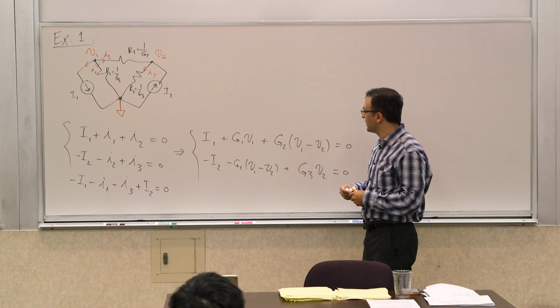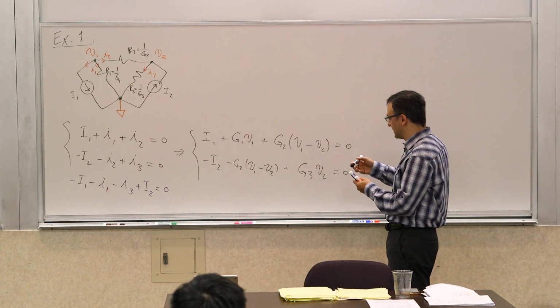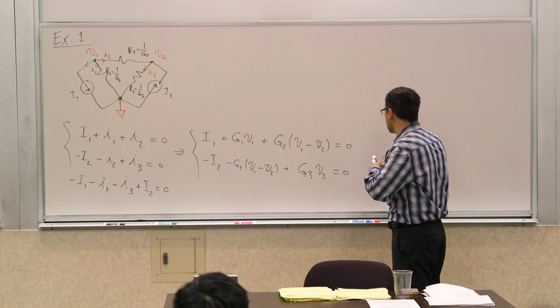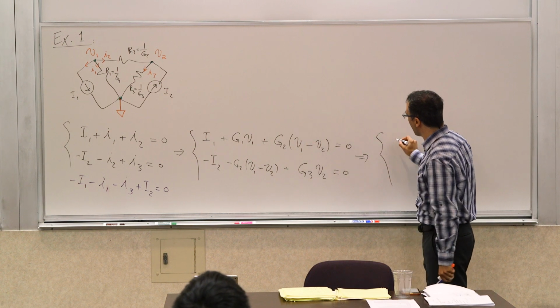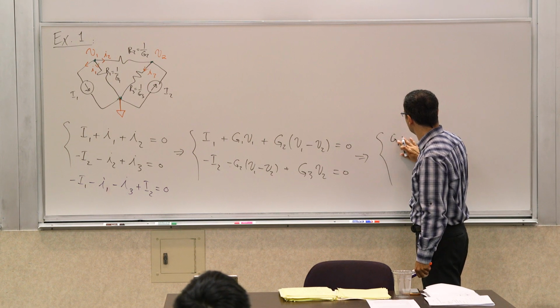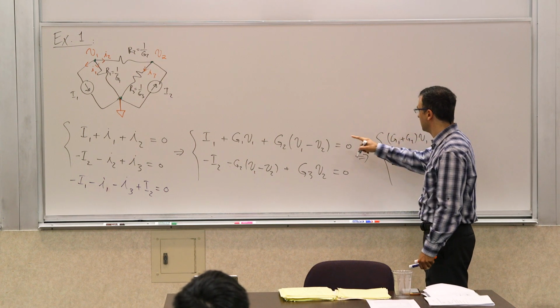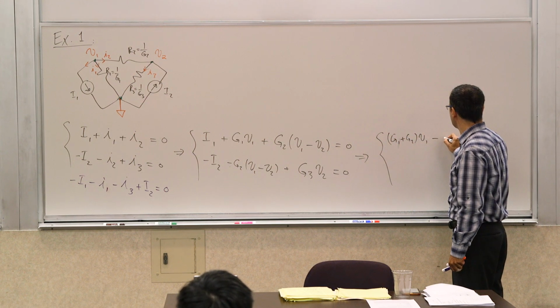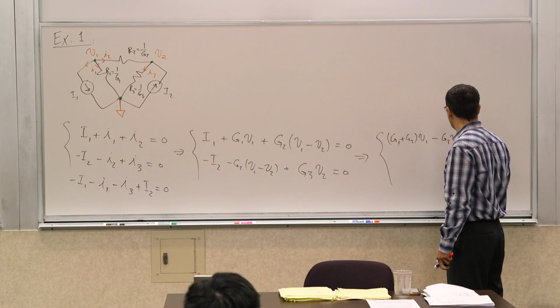So if you're trying to solve for V, we have to reorder this and clean it up, right? So how do we reorder and clean this pair of equations? I can write all the terms that have a V1 as G1 plus G2 times V1 for the first equation, minus G2 V2, equals negative I1.